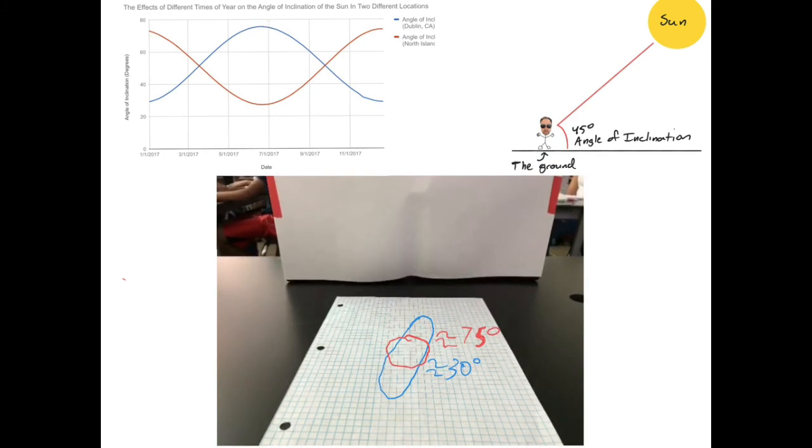Oh yeah, it definitely was a hot summer. Okay? So more direct, meaning more intense, you're going to get hotter temperatures. Versus more shallow, you're spreading the same amount of energy over a greater distance. So you're not changing the amount of energy, you're just spreading it out.